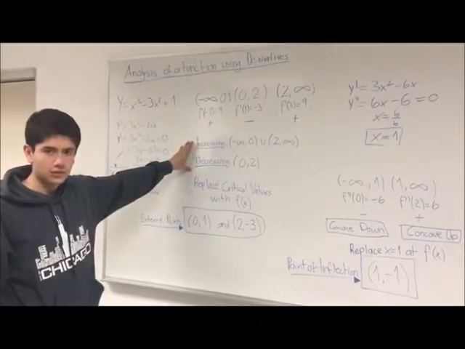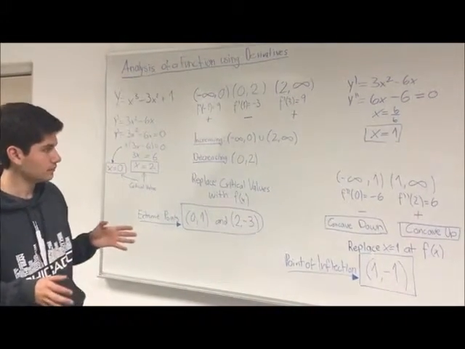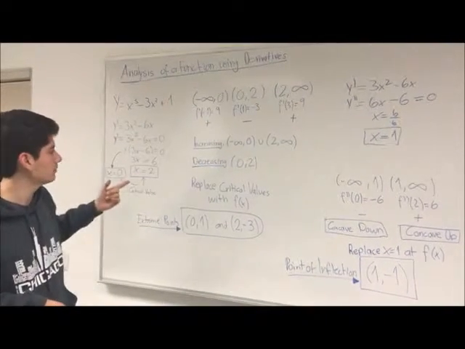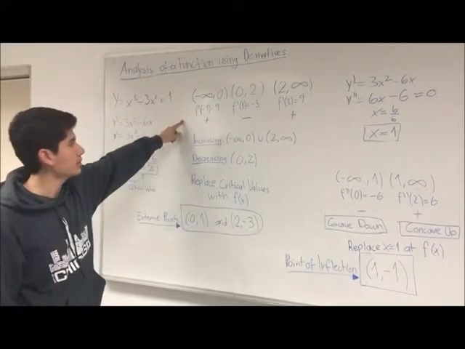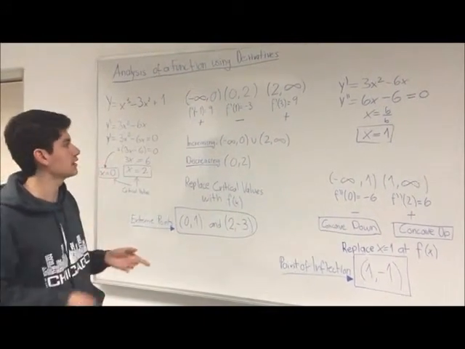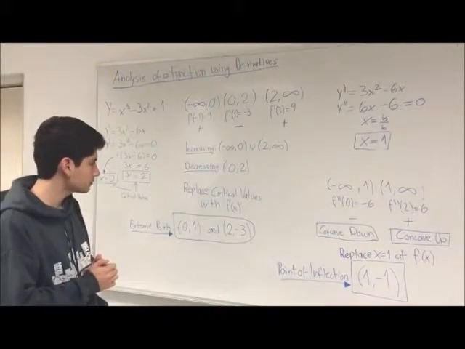To see if it's increasing or decreasing, you need to replace a value close to the critical point in the derivative, and if it's a positive number, the function is increasing. If it's negative, it is decreasing.